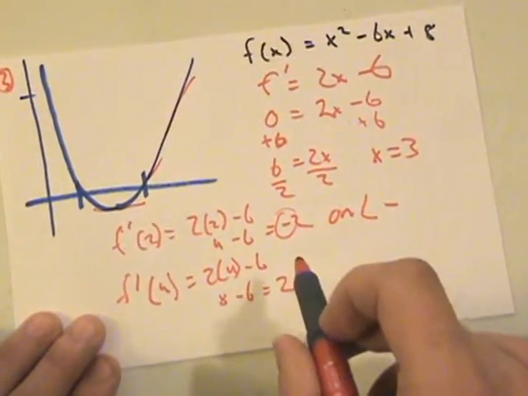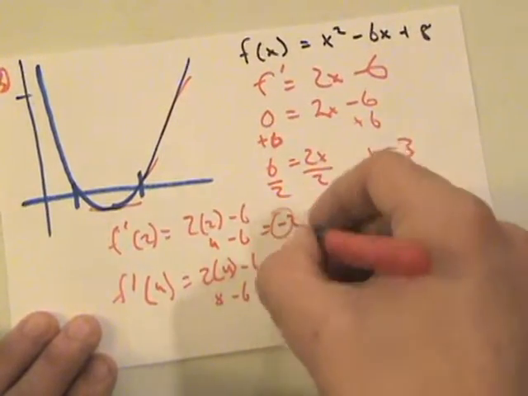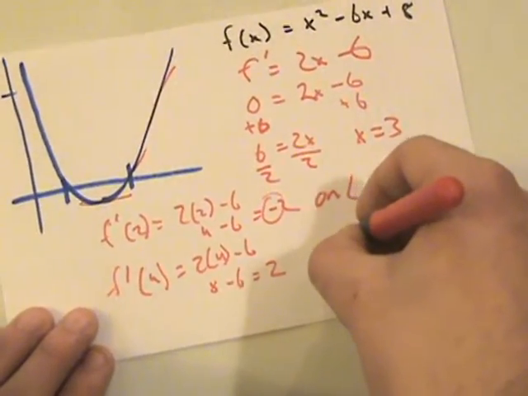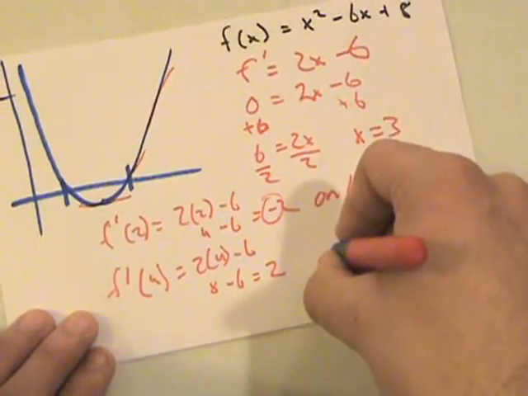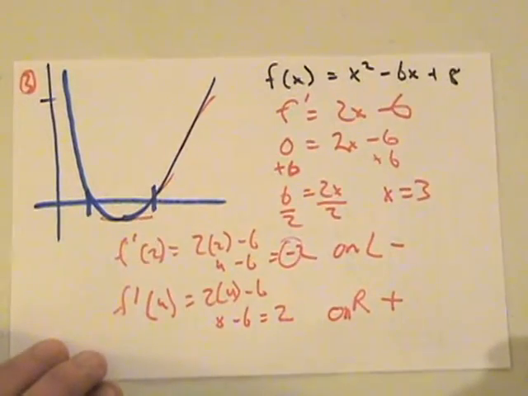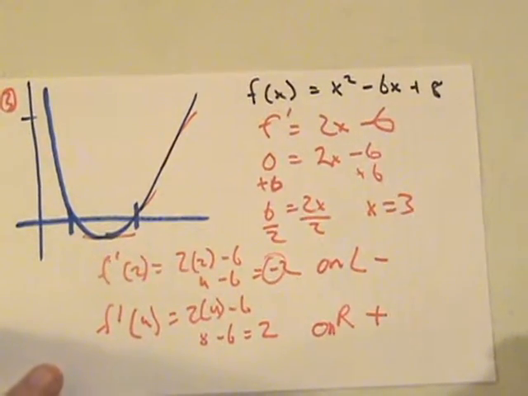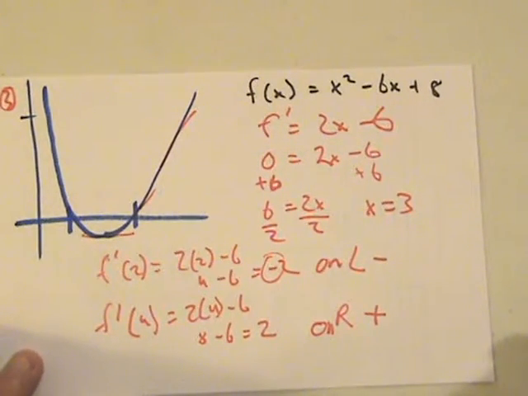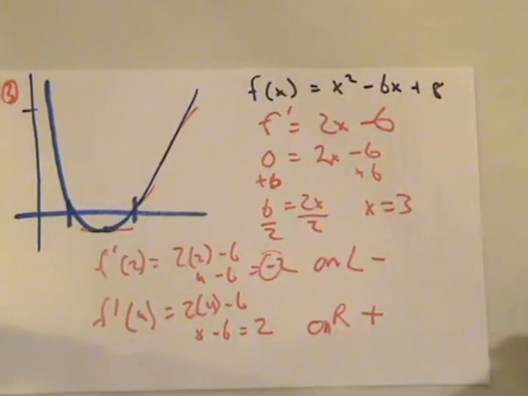So we got negative 2 by plugging in 2. And what we determined on the right side is that it is positive. On the right, positive. So we're going to use these to determine whether it's increasing or decreasing.